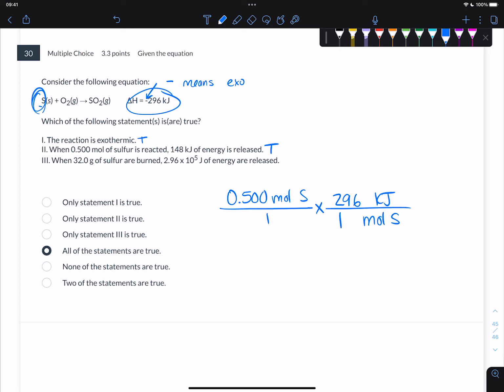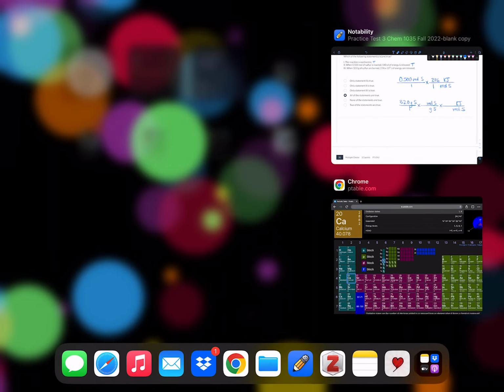And then the last one, it says it's true. We see the answer here, but let's see why. So 32.0 grams of sulfur, convert that from grams of sulfur to moles of sulfur, and then just like we saw, convert our moles of sulfur into kilojoules. For this first part, we use the molar mass of sulfur, which is, let's find out.